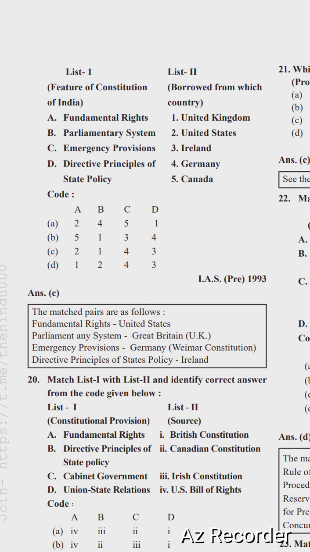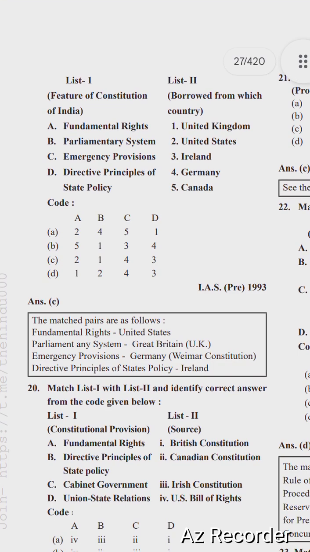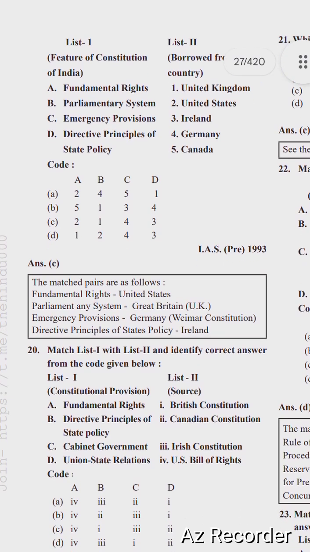Right option is option number C. Fundamental rights related to United States, parliamentary system related to United Kingdom, emergency provision related to Germany and directive principles of state policy related to Ireland. So the right option is option number C.